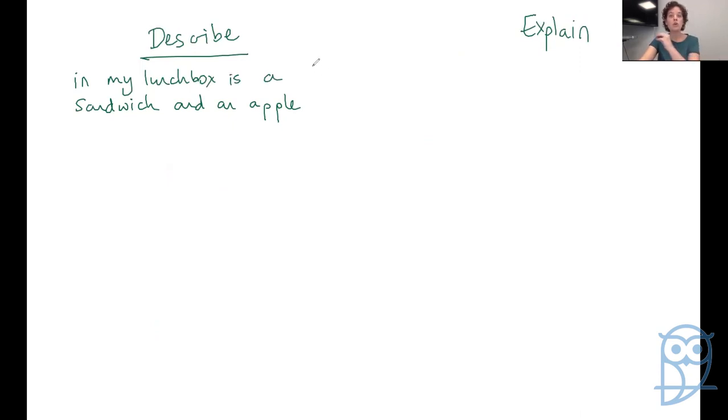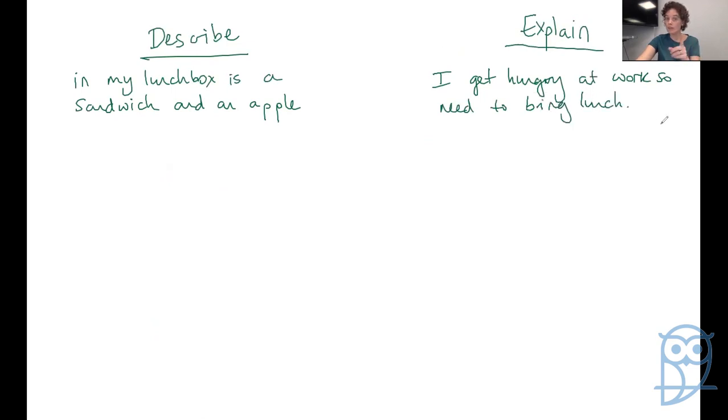I look at the lunchbox, what is there? Explain. Now we need to know, why is there food in the lunchbox? So I get hungry at work, so need to bring lunch. Not the full end of the explanation. That's why the lunchbox is here. Why has it not been eaten yet?